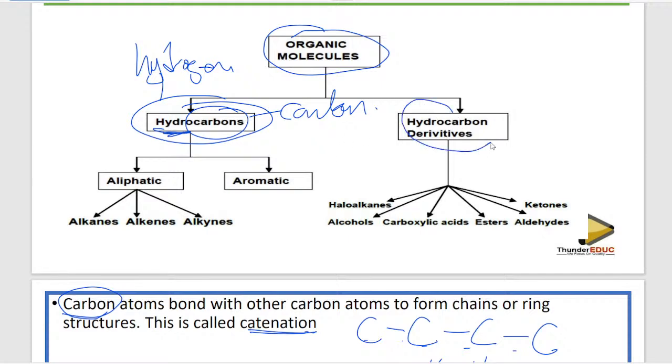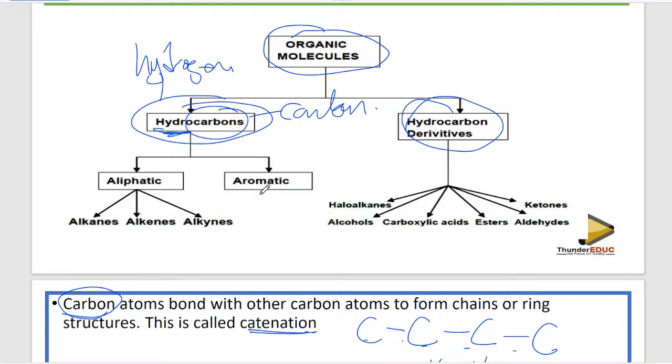Then we have what are called the derivatives of hydrocarbons. What we obtain from a hydrocarbon when you add something onto it, we call derivatives. Let me give you an example.